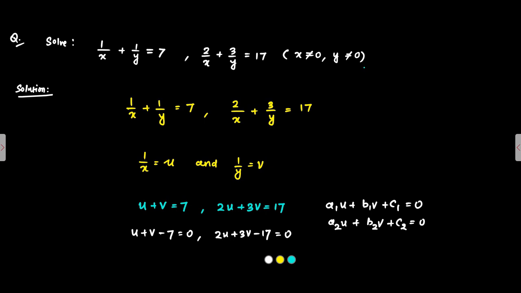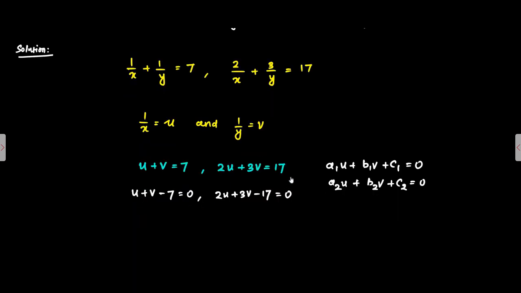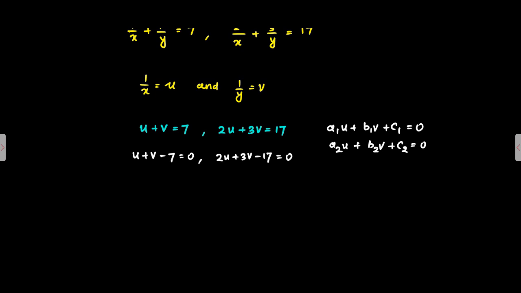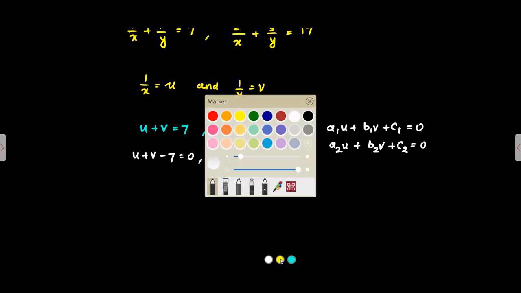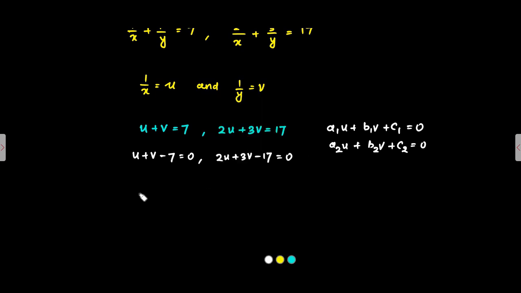Now the values of the coefficients are a1 is equal to 1, b1 is equal to 1, c1 is equal to minus 7, a2 is equal to 2, b2 is equal to 3, c2 is equal to minus 17.